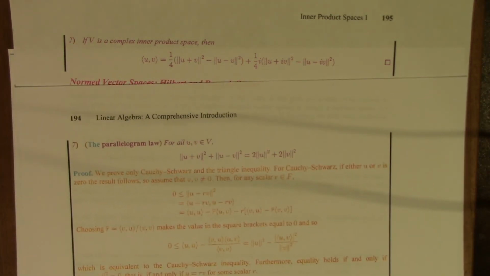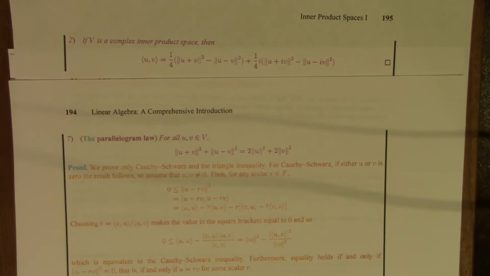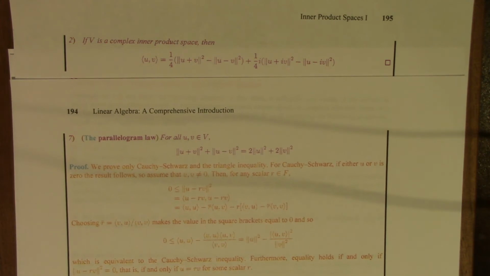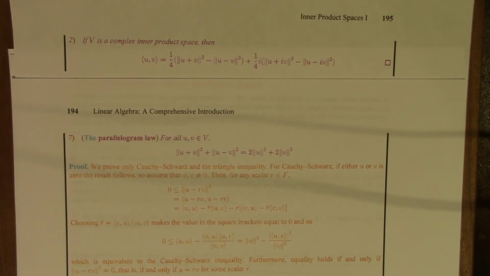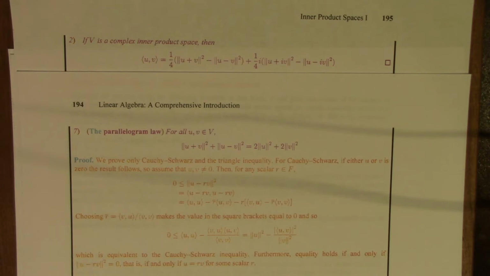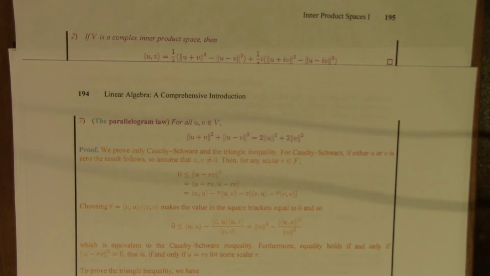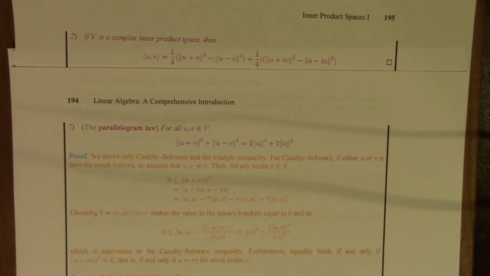So if you are presented with a normed space, and you would like to know if it's an inner product space, if the norm defines an inner product via the polarization identities, you can answer that question very simply in theory. Does the norm satisfy the parallelogram law? If the norm does not satisfy the parallelogram law, then it doesn't define an inner product, because the norms that come from inner products do satisfy the parallelogram law.